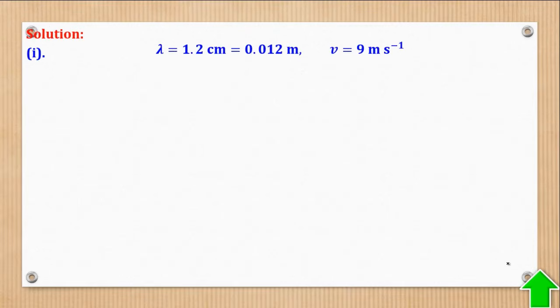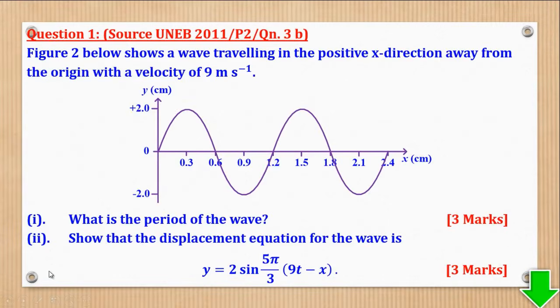So in this graphical representation, you realize that the wavelength, remember wavelength is the distance from here up to here, and that distance is 1.2 centimeters. That will be the wavelength. Then they have given us the velocity, 9 meters per second.